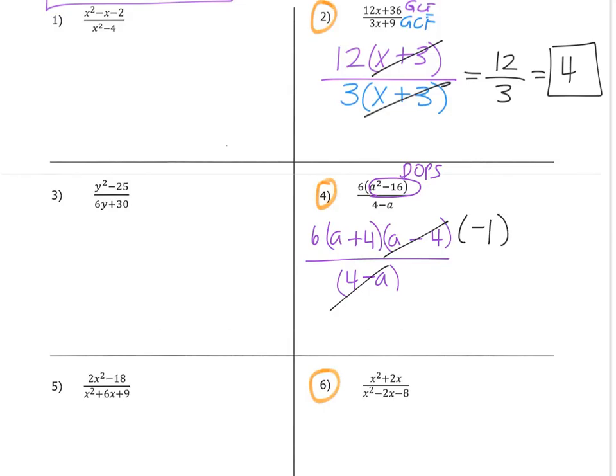Now you might be wondering, well, why do they cancel to a negative 1? It makes no sense. Give me a second to explain it to you. If we had, say, 6 minus 4, over 4 minus 6. Same numbers, but in opposite positions. 6 minus 4 gives us 2, and 4 minus 6 gives us negative 2.